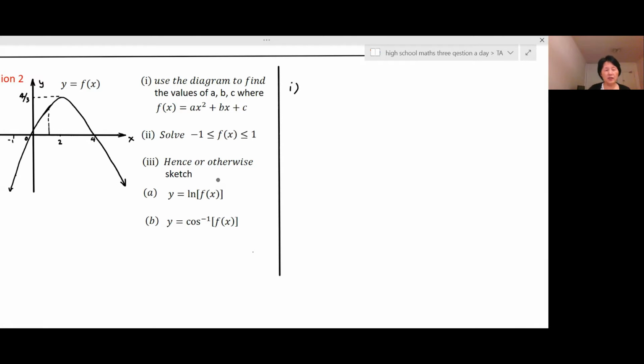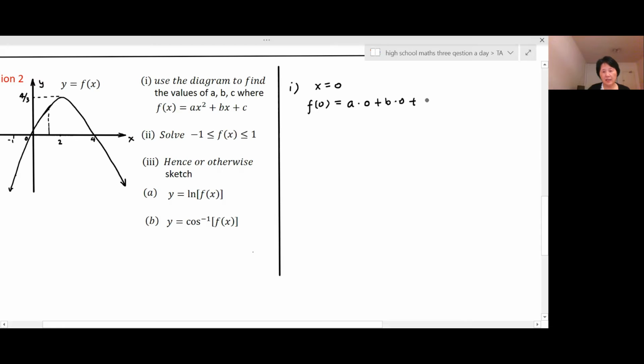The first one, you can see at this point x equals 0, so y equals 0. I just sub x equals 0, so f of 0 equals a times 0 squared plus b times 0.